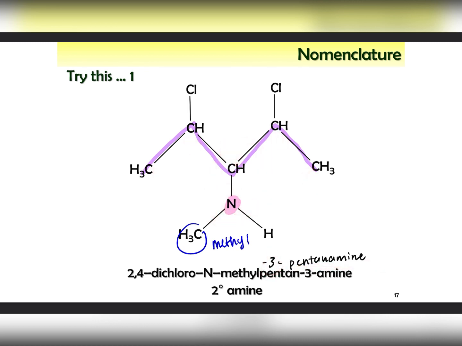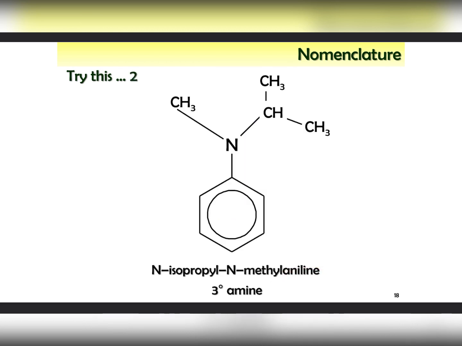And the rest will be substituent. So 2,4-dichloro sebab dia dekat parent chain. Okay. And dekat nitrogen you have methyl, so dia akan jadi N-methyl 3-pentanamine.